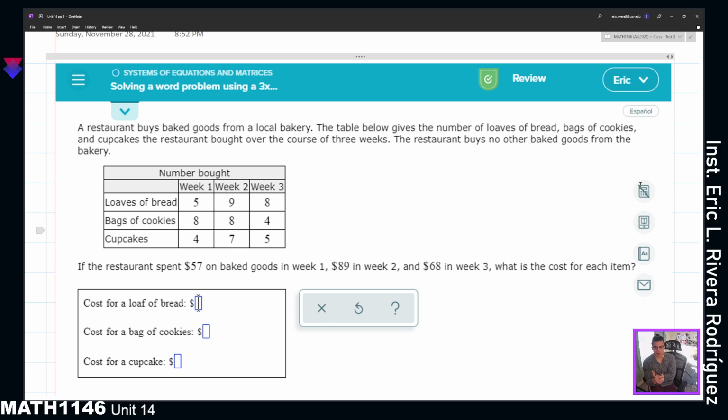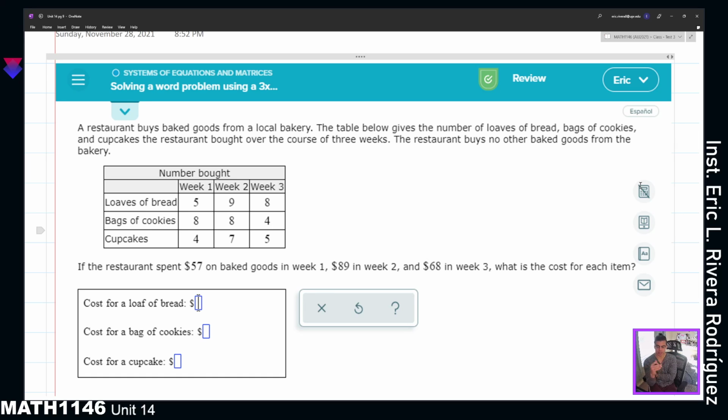Okay, so now we want to find the unit cost of each item, and the only thing that we know is how many items were bought per week in these 3 weeks.